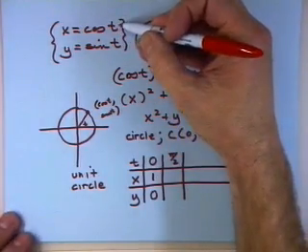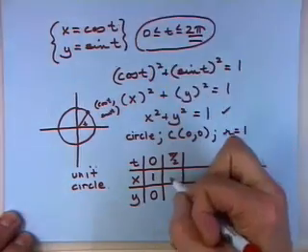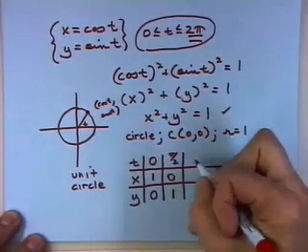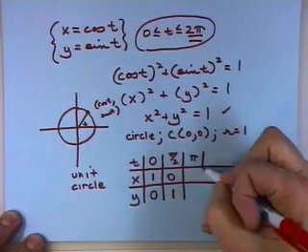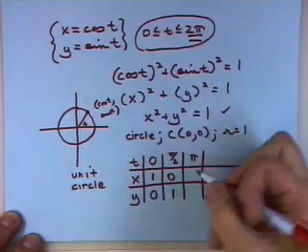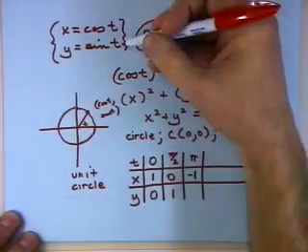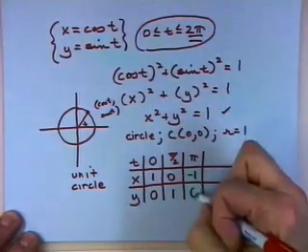What's the cosine of pi over 2? 0. And the sine of pi over 2? 1. Cosine of pi? Negative 1. Sine of pi, 0.